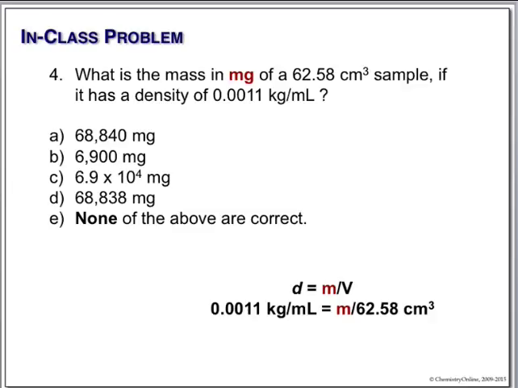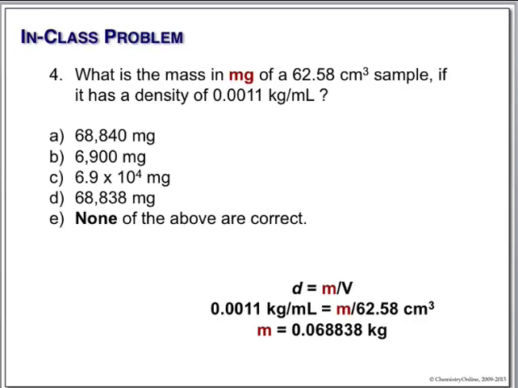Here is our volume. Now remember, milliliters and cubic centimeters are the same thing, so that works. Simply divide, and we get 0.0688 kilograms. Now, which of these is 0.0688 kilograms?